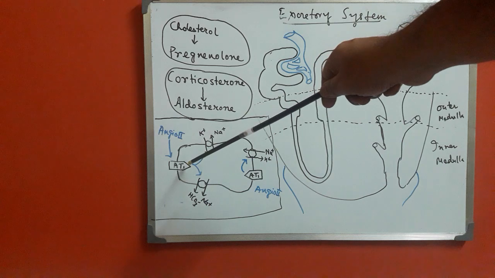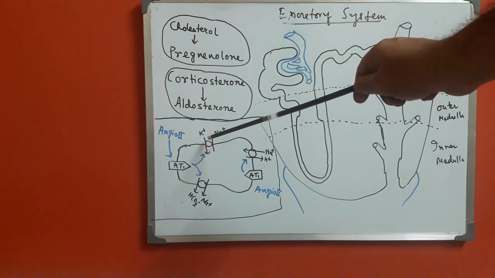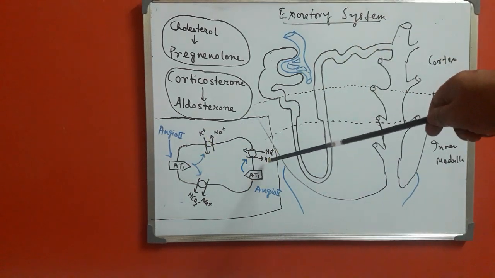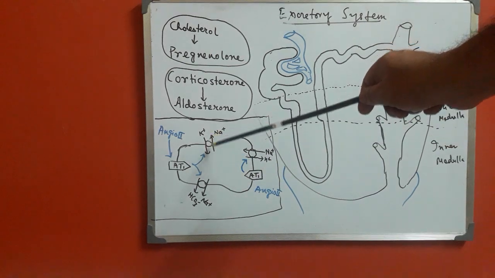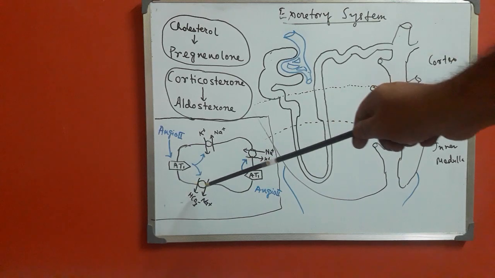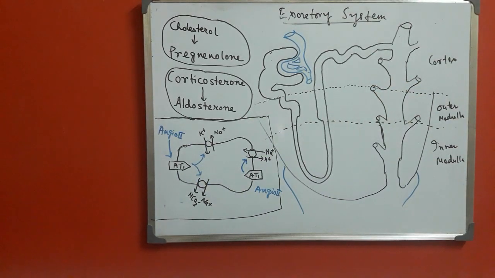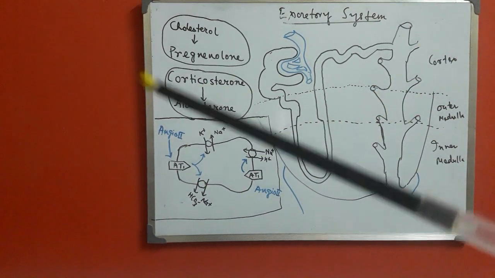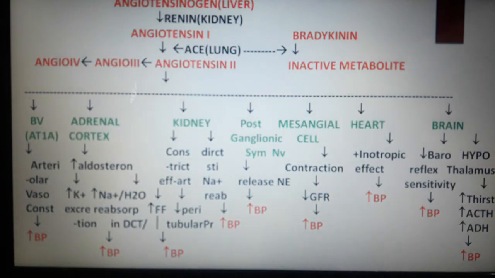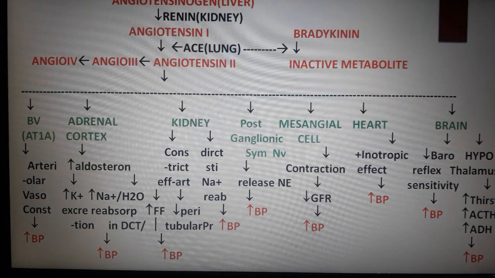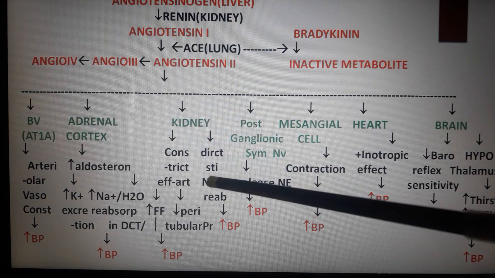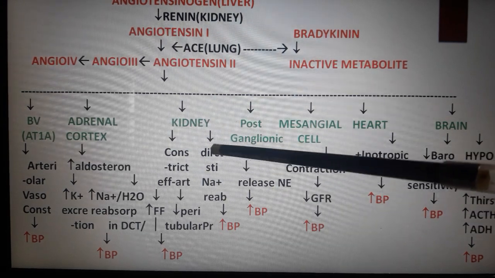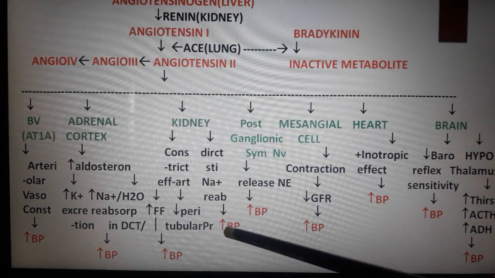Angiotensin 2 acts on this and it stimulates first the sodium hydrogen ATPase, then sodium potassium ATPase and sodium bicarbonate co-transporter. Next, it acts on this increased reabsorption; the increased sodium reabsorption causes the increased BP.